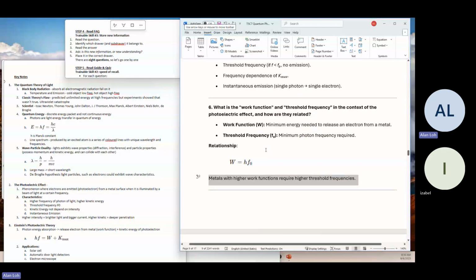So different metals will require different minimum energy to emit the electrons into photoelectrons. Like different airlines will have different prices for their flight tickets. Okay, so that is the new information or new understanding. You need to put that into your third drawer. Let's move on. Okay, number 7, start please.